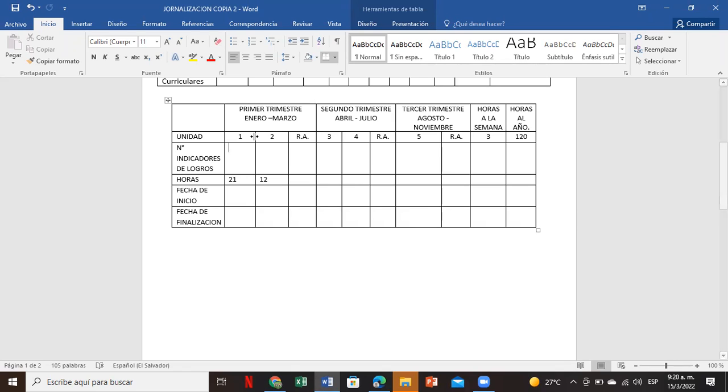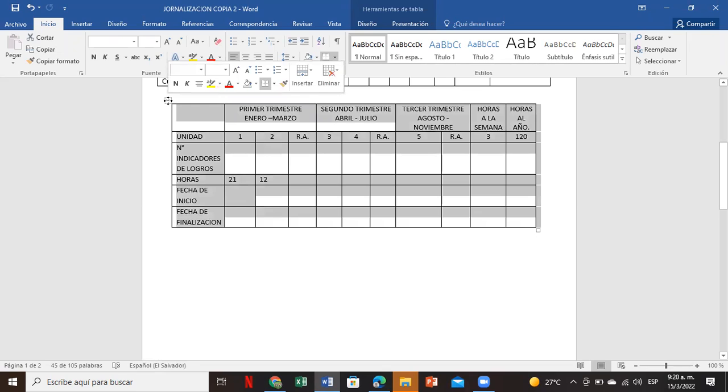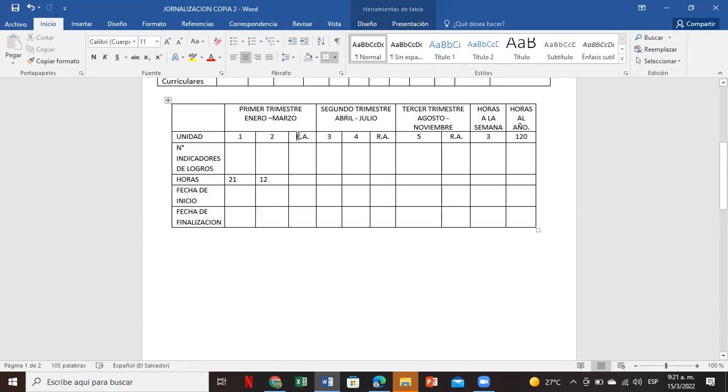You need to modify the chart. If you are going to work on 10 units, this is my chart. Okay, este es mi cuadro. But if you are going to work on 10 units, you just need to modify the chart to include extra. And remember, thesis, okay, the RA, eso es bien importante.